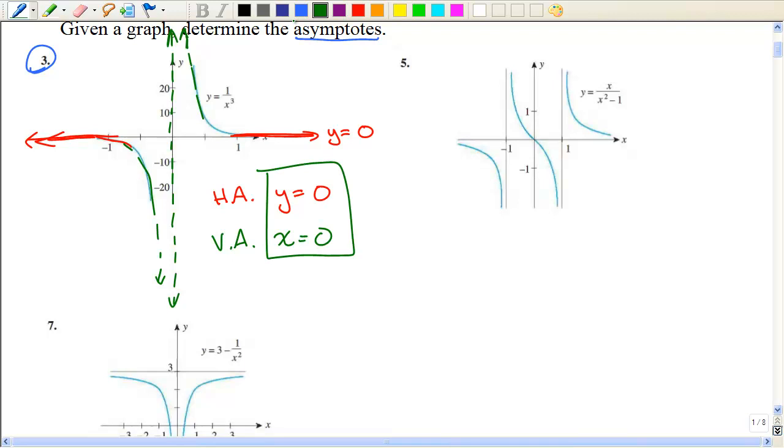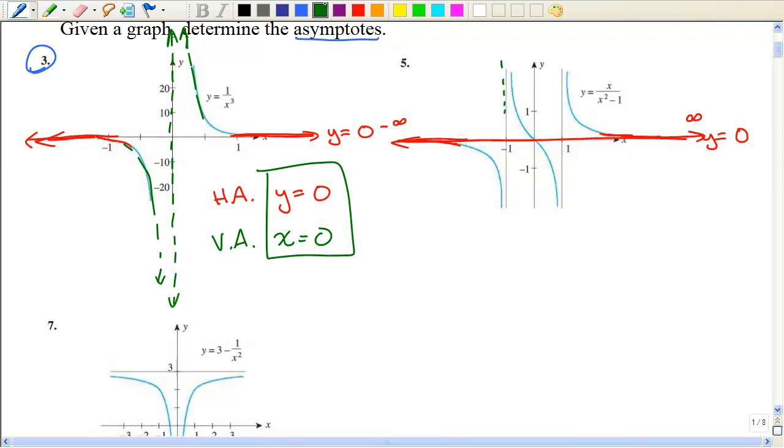Now again, the horizontal asymptote talks about the end behavior. As x goes way out here, how is this graph? Is it flattening out? Or way out here on the negative side, is it flattening out? And it certainly is that same y equals 0. Now that's the end behavior, what's happening out in infinity and negative infinity land. The vertical asymptotes, it looks like they've drawn them in for us.